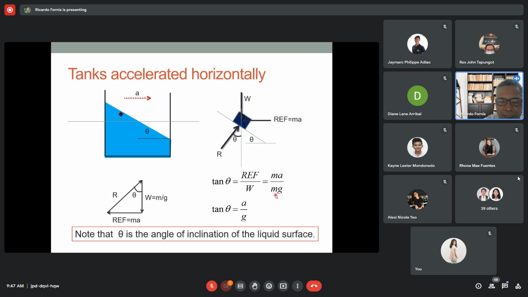You can remove the mass, and therefore the tangent of the angle of inclination equals the ratio of acceleration a divided by the acceleration due to gravity g. I hope that's not difficult to understand. Again, if the tank is accelerated horizontally to the right or to the left, then the angle of inclination formed by the liquid surface is given by tan theta = a/g.